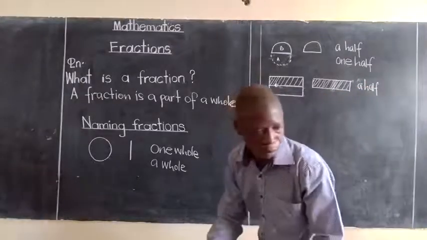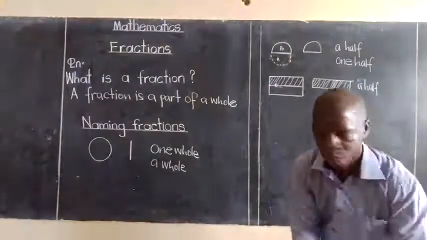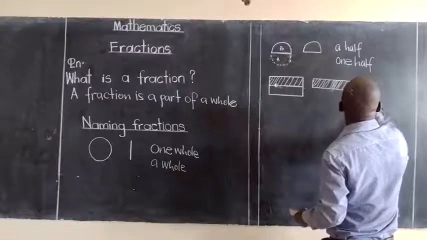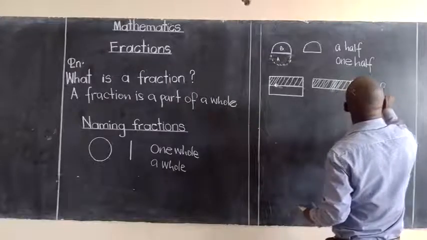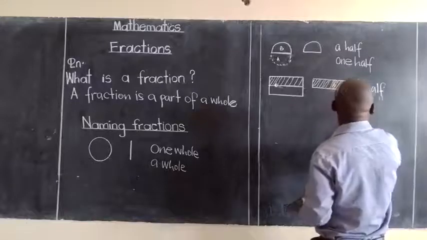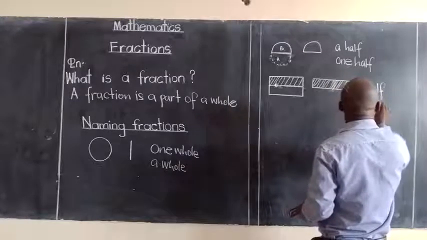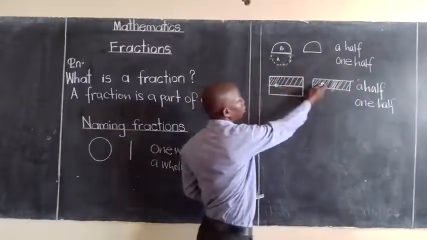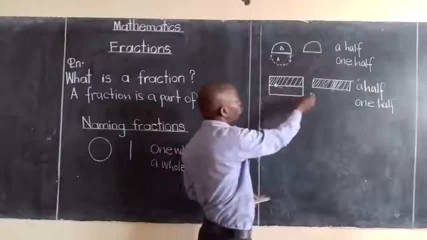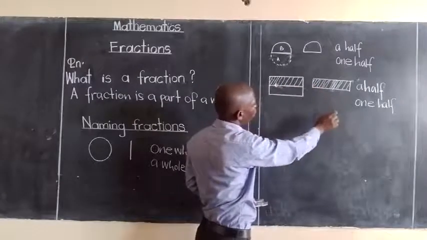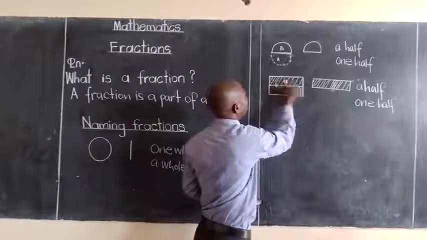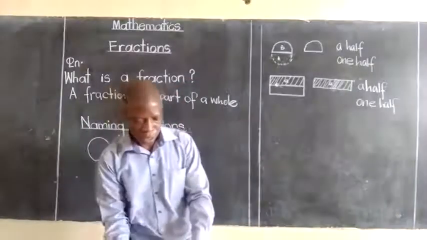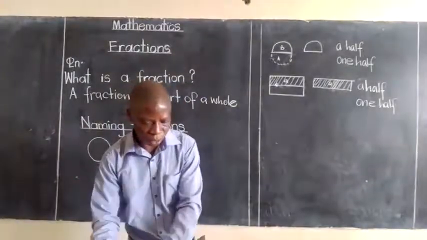A half of this. So we call this one half or a half. This is part A. Okay. Let's look at another part of a fraction.